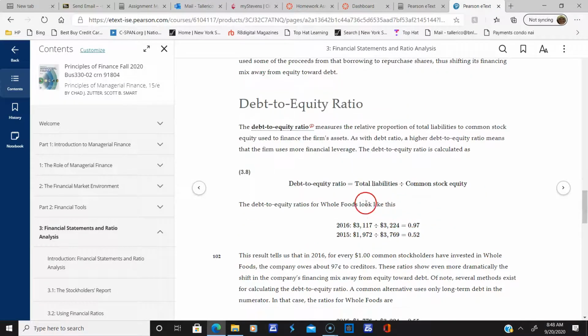All right. So the debt to equity ratio measures the relative proportion of total liabilities to common stock equity used to finance the firm's assets. Here's the equation: total liabilities divided by common stock equity. Now remember, it's common stock equity, not preferred. Make sure you understand where these numbers come from. Both of these come off of the balance sheet, of course.